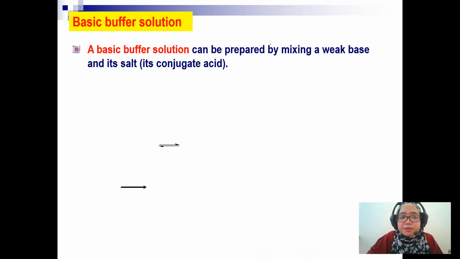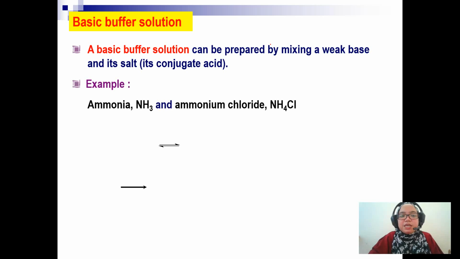So now we are going to look at the basic buffer solution. So in contrast with acidic buffer solution, for basic buffer solution, we prepare it by mixing a weak base and its salt. Okay, and its conjugate acid lah. Okay, so contohnya kita ada ammonia and ammonium chloride.